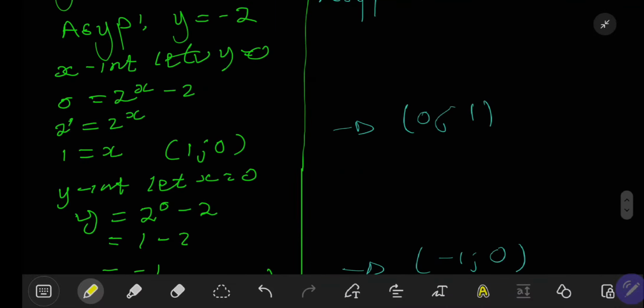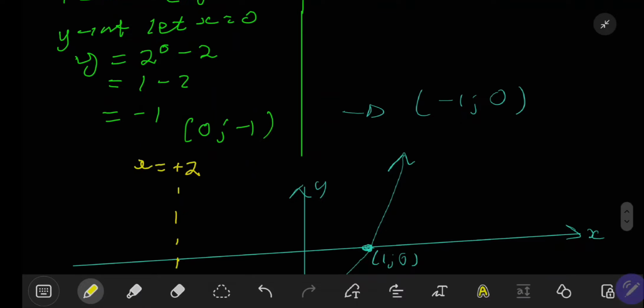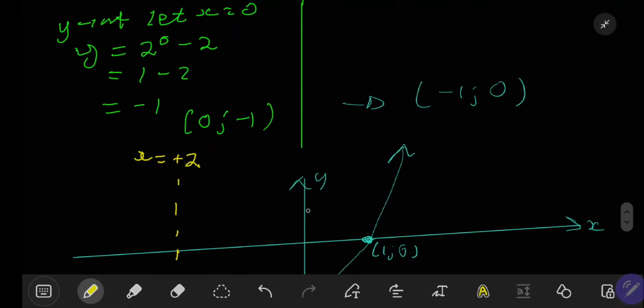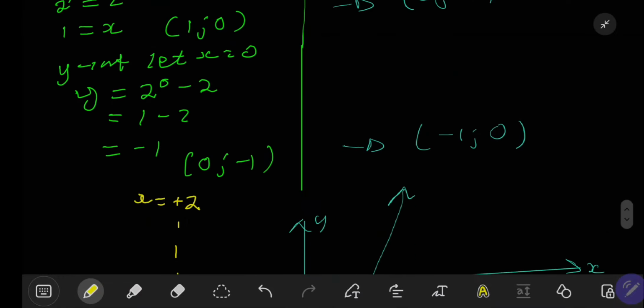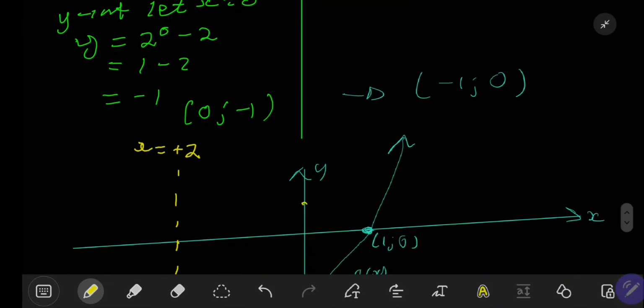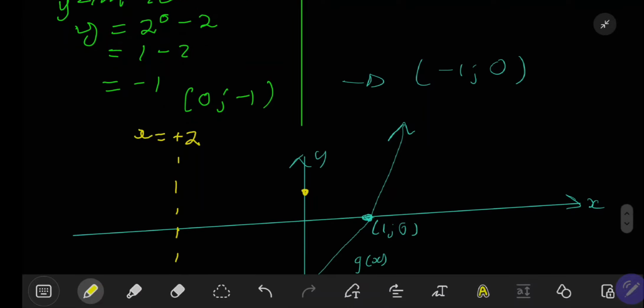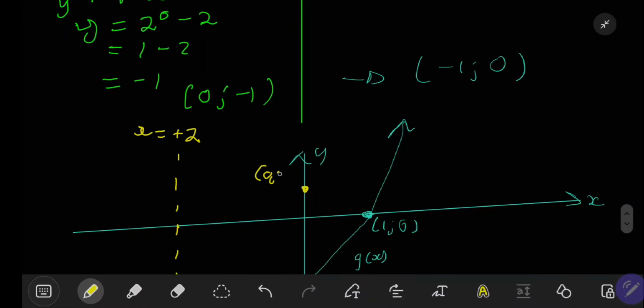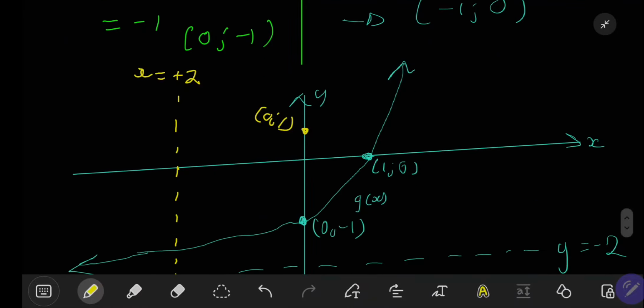And then the intercept here is (0, 1). At this point, we know that x is 0, then our y value is 1. So we're going to have (0, 1) here. Let me write it. (0, 1). And then here we're going to have (-1, 0), which is a point here. (-1, 0).